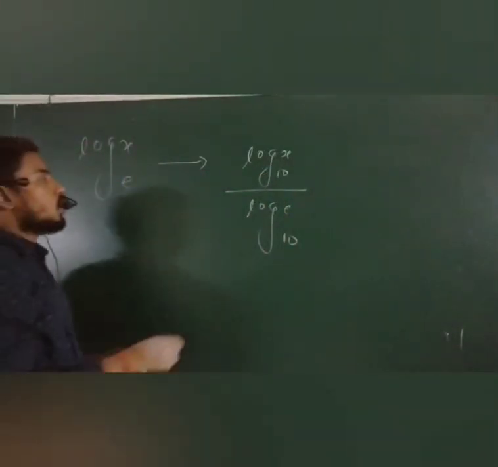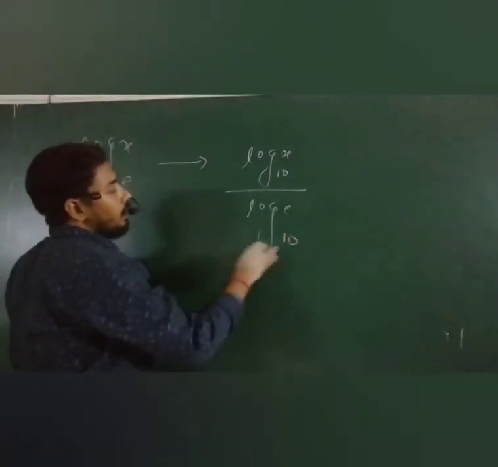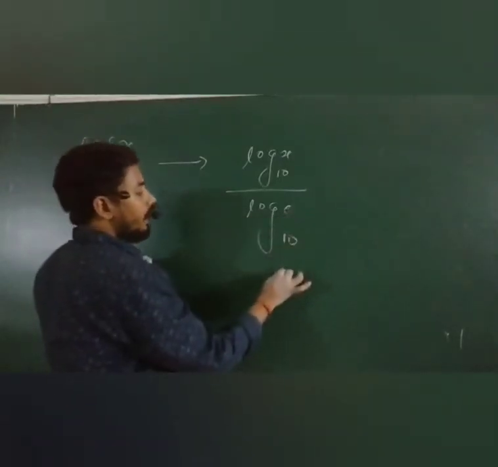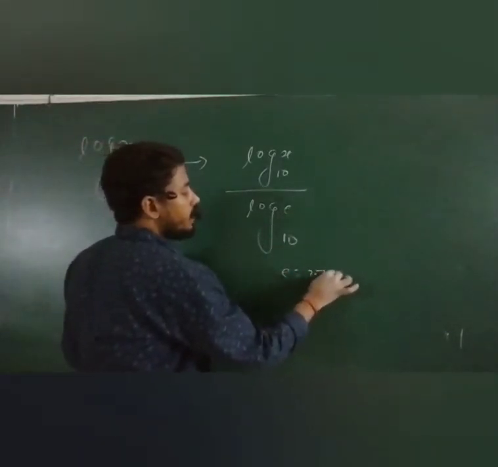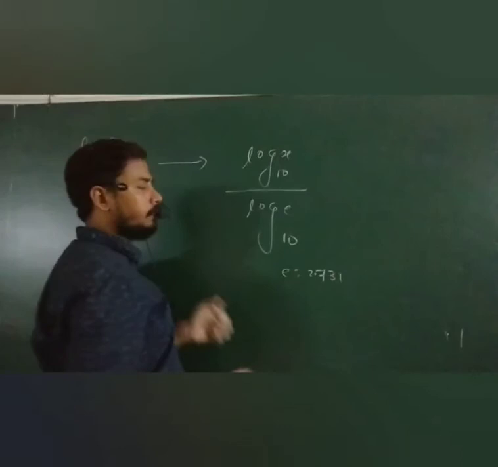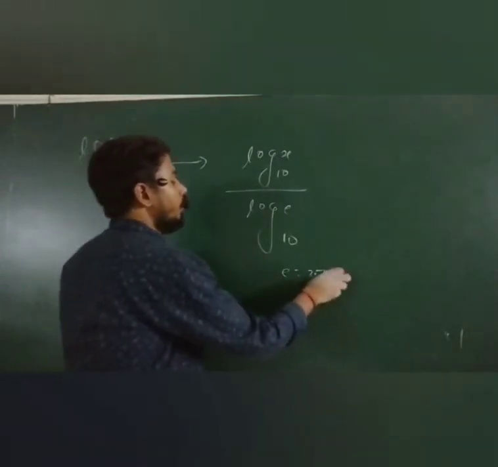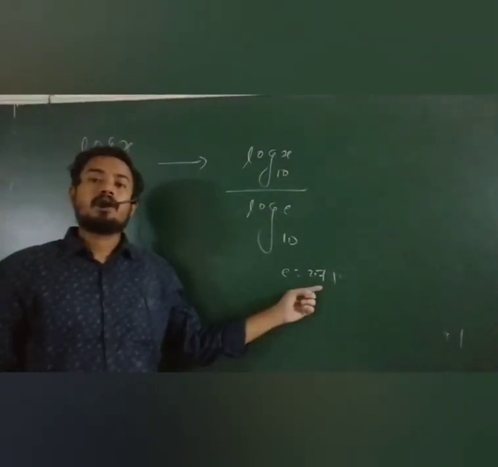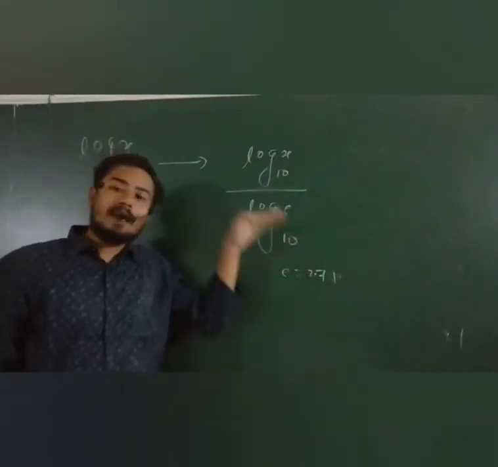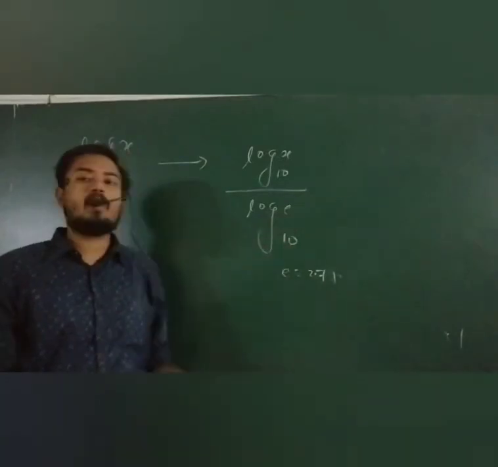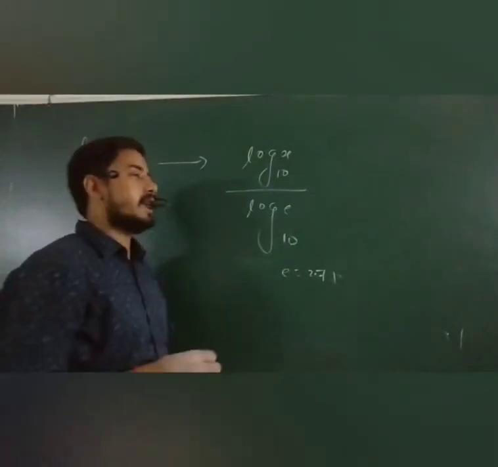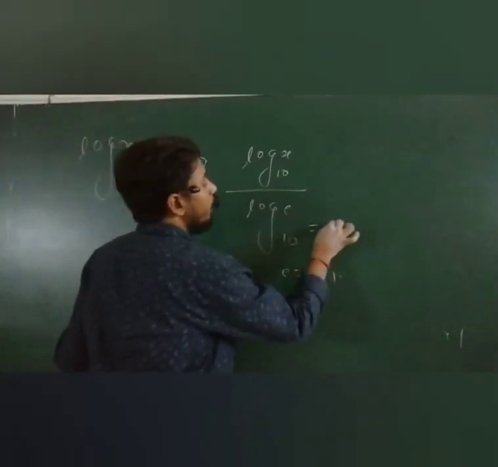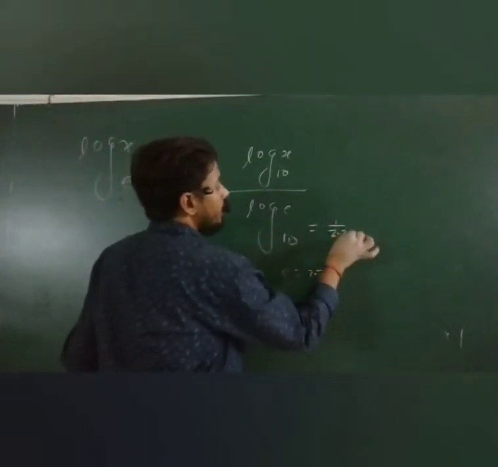Right? And this value, log e with base 10, is always 1 by something, because e is equal to 2.71, and 10 is greater than this. So the power of 10 must be less than 1 to give e. Experimentally, this value is 1 by 2.3.